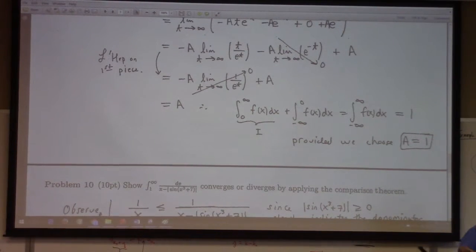And a moment's thinking would have shown you that putting -1 here is absurd. You want the area to be positive 1. You're saying that minus x times e to the x has area 1 from 0 to infinity. That's crazy. You're saying the area under a negative function is positive.